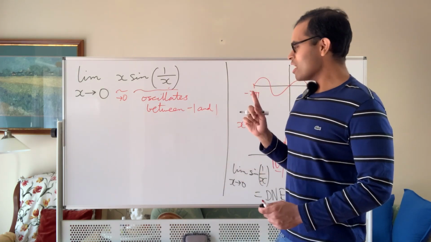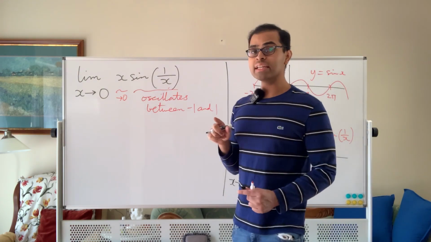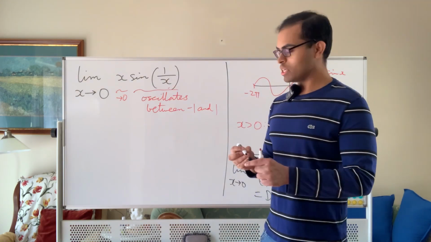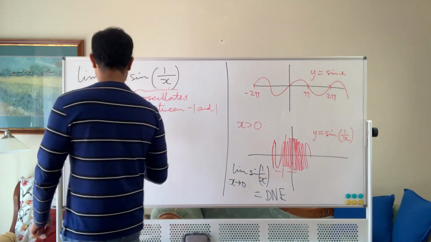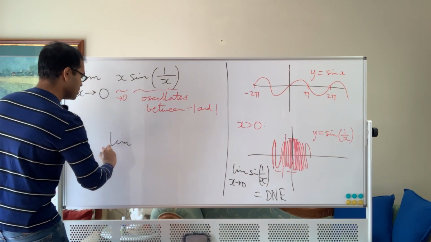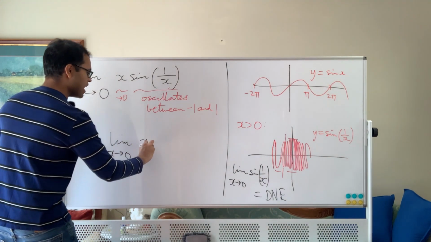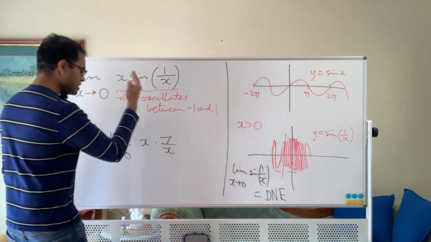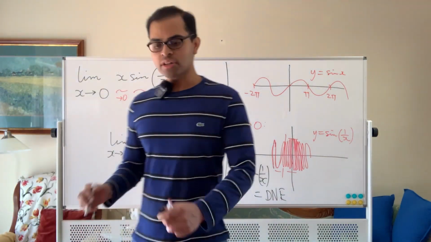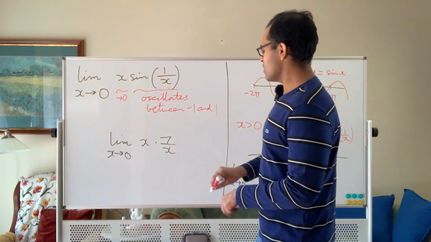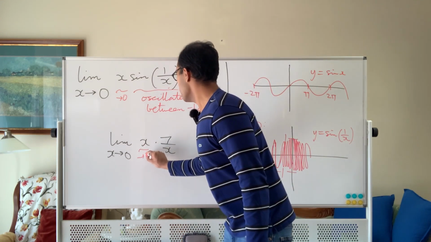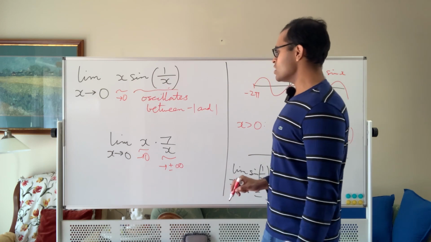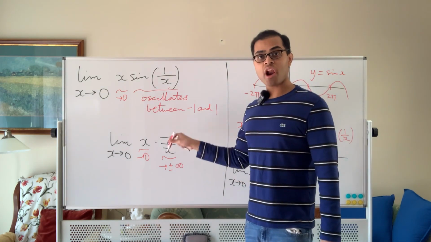Now, it's very important here that sine 1 over x is not getting really large. This is crucial because, for example, if I had a random limit, the limit as x goes to 0 of x times 7 over x, what is this limit going to be? We could think about it a similar way: x goes to 0, and 7 over x goes to plus or minus infinity depending on the direction, but we can't say this product goes to 0.